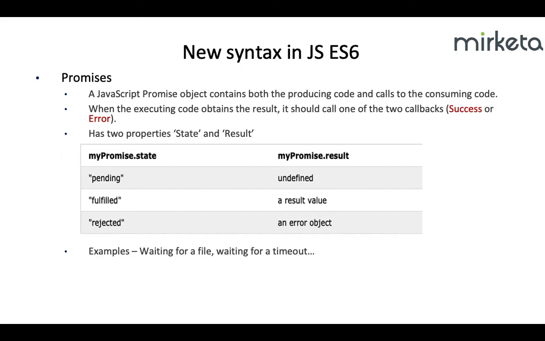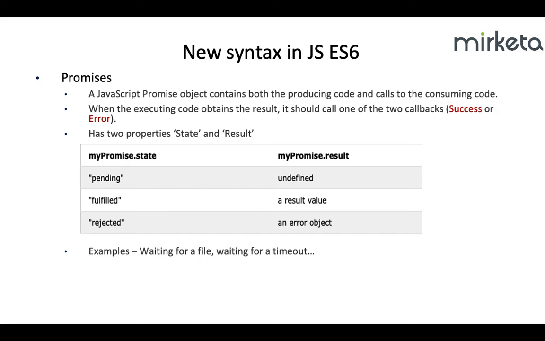Next one is promises. In JavaScript, a promise object contains two code blocks, I can say. One is producing code, another one is consuming code. After executing code, we can get one of the two callbacks, either success or error.